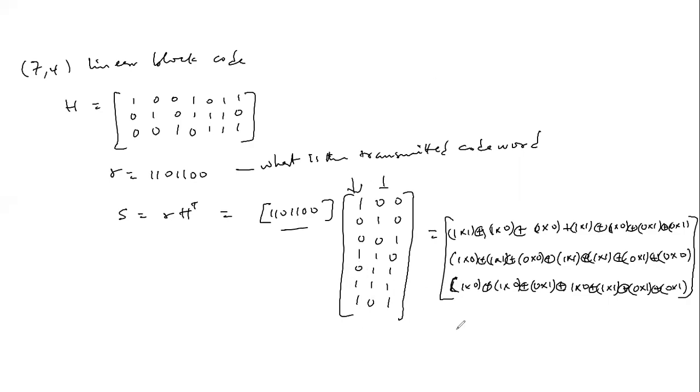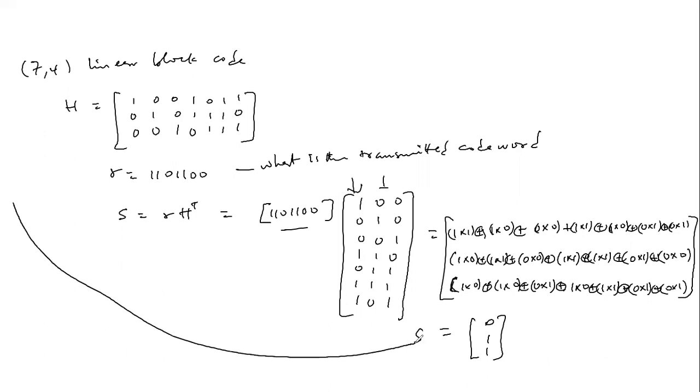So hence, what we now have is 0, 1, 1. Now that we have a non-zero syndrome, it means there's an error. So what we now have to do is to compare this with the particular column in this distribution. We see 0, 1, 1, and it tallies with this column.